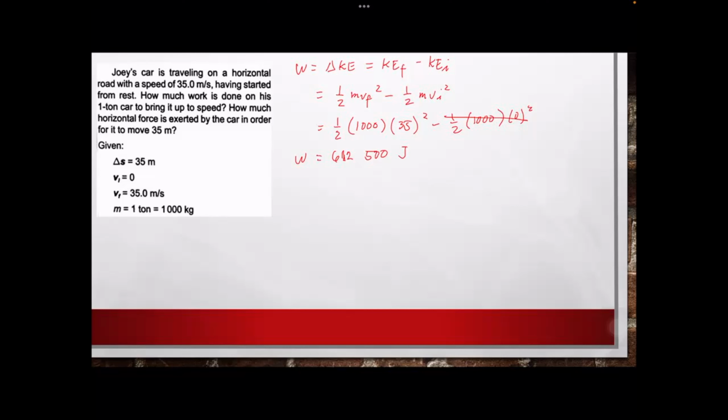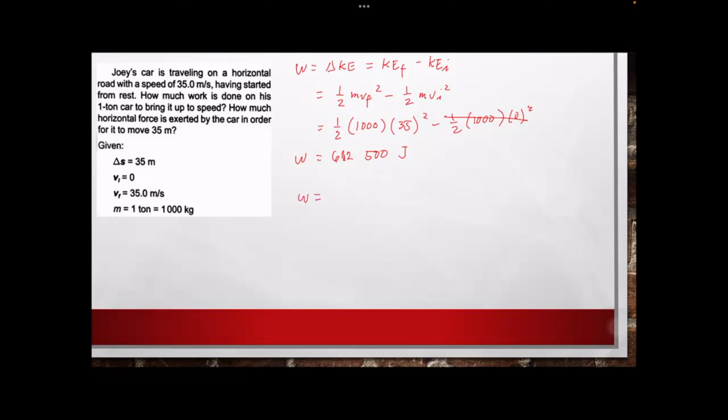Okay, the next is we have to use the work for yung isa pa. Yung sabi dito, how much horizontal force is exerted? So horizontal force, so we need to use the first naman ang kailangan natin.